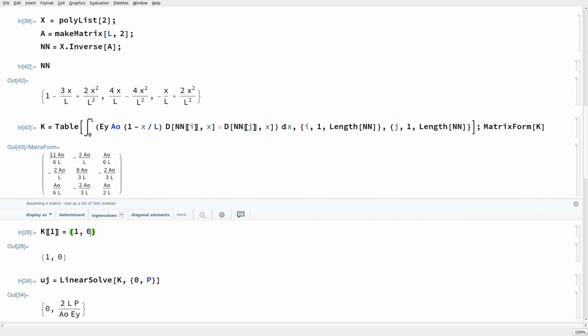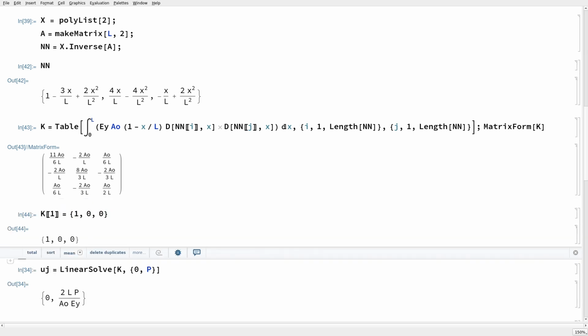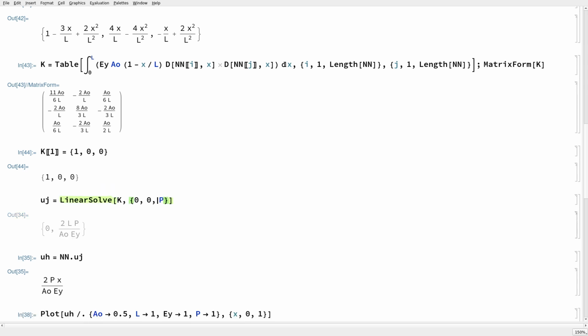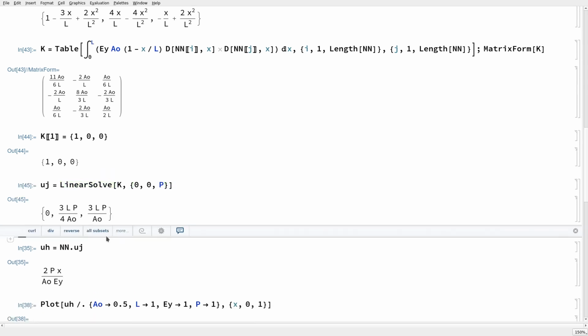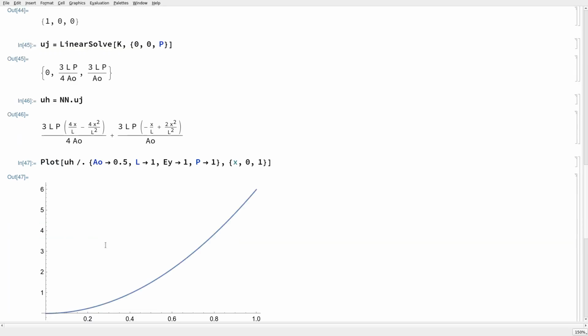And then I need to add another 0 there, and I need to basically say 0, 0, P there, and then that's the displacement field I get if I use a quadratic interpolant. So I get better, right?